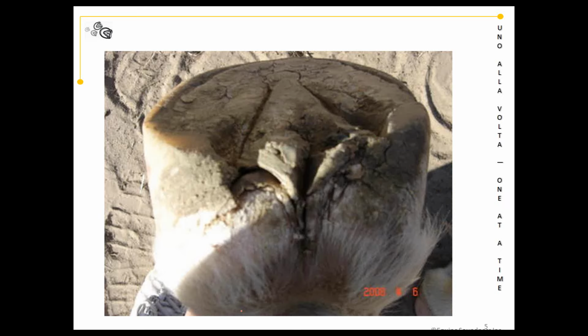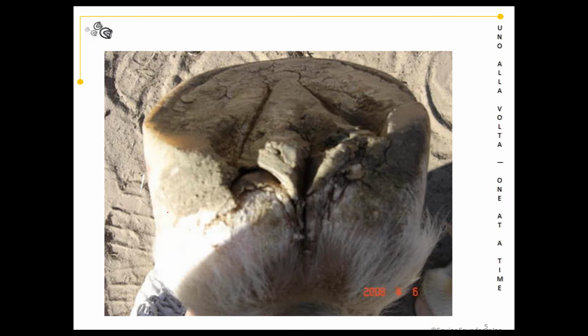The fourth contraction is sole contraction. Sole contraction exists together with most other contractions. If you have bar contraction, a high bar, you also usually have sole contraction.